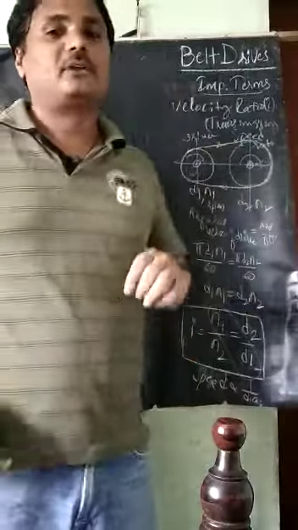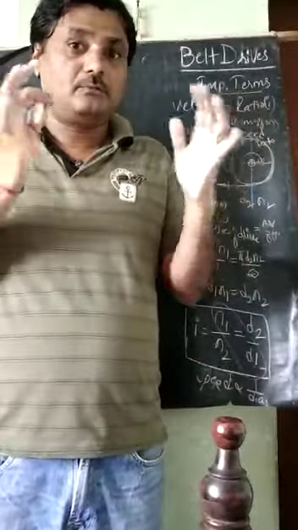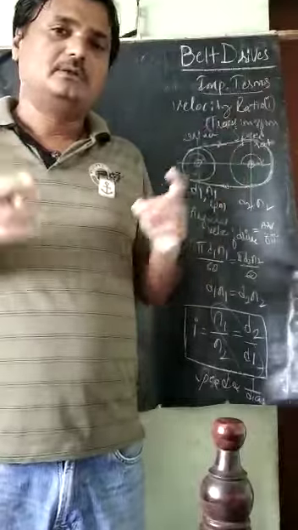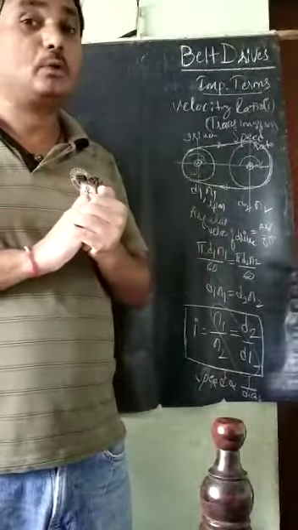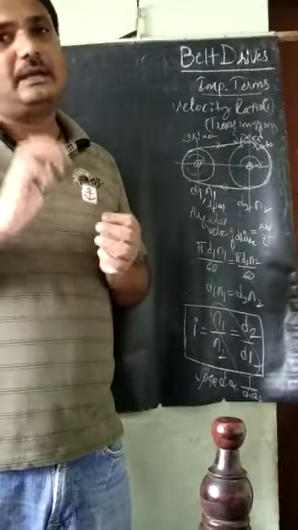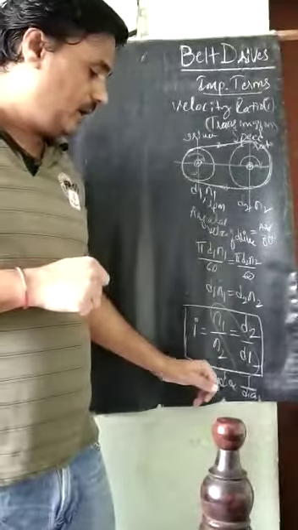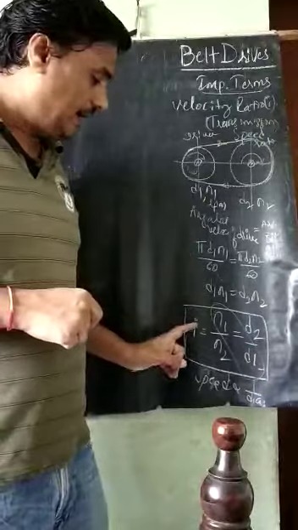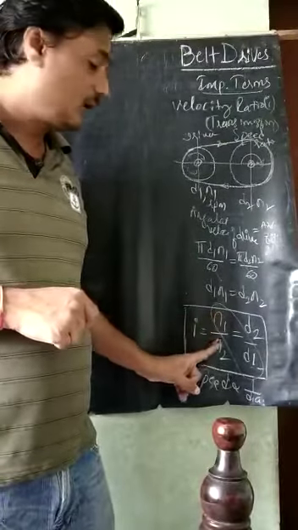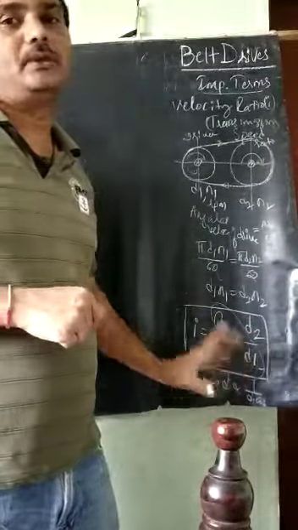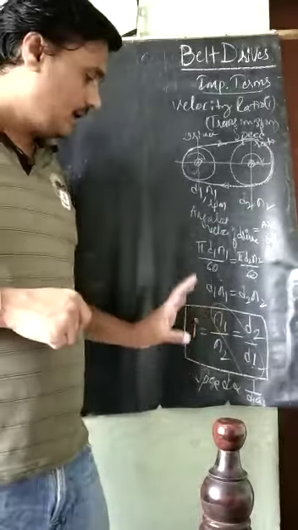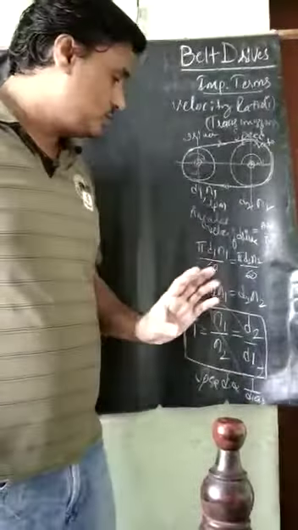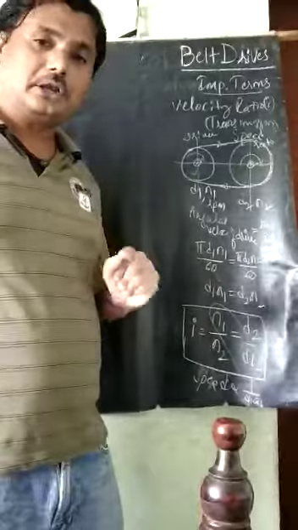It means if the diameter increases, with bigger pulleys, the speed, the revolutions per minute, will decrease. That is, speed is inversely proportional to the diameter. So I is equal to N1 divided by N2 is equal to D2 divided by D1. It is called the speed ratio or the velocity ratio.